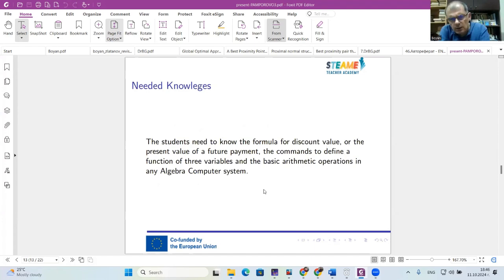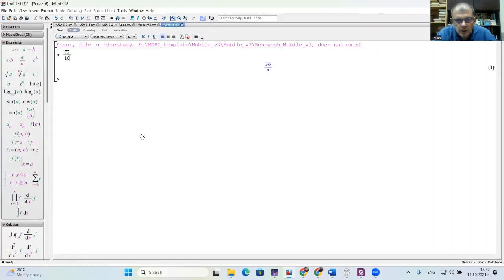For the second solution, students need to know the formula for discount value, present value of a future payment, and the commands to define these functions.